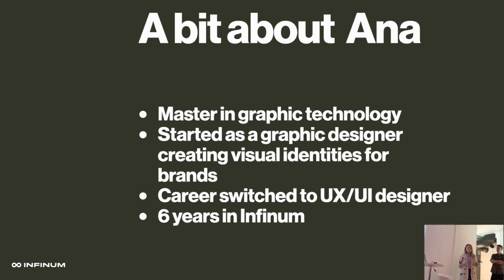But first, a little bit about me. I studied graphic design. I started working as a graphic designer in a design studio. I was creating visual identities for different brands. And then around 6 years ago, I career switched to UX UI designer. And I've been in Infinum for more than 6 years now. I worked on many mobile and web app projects.